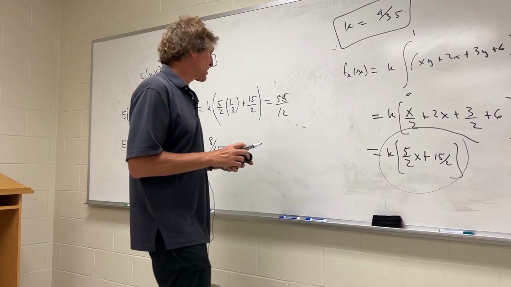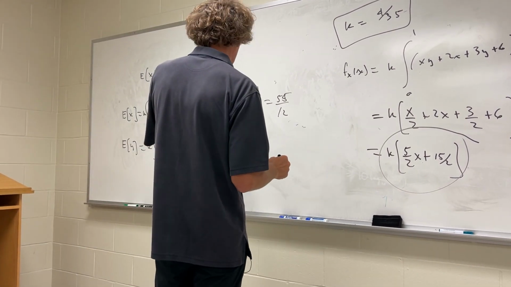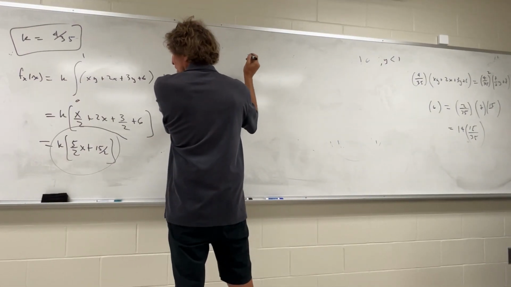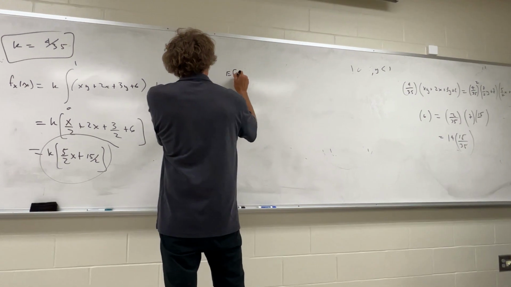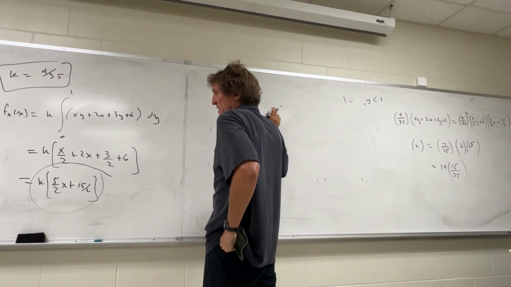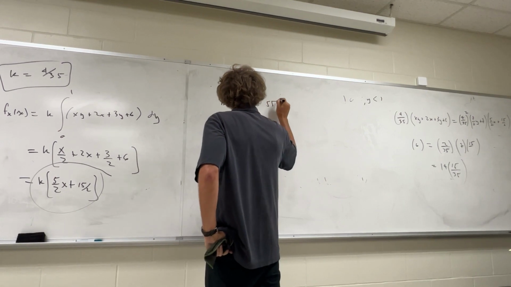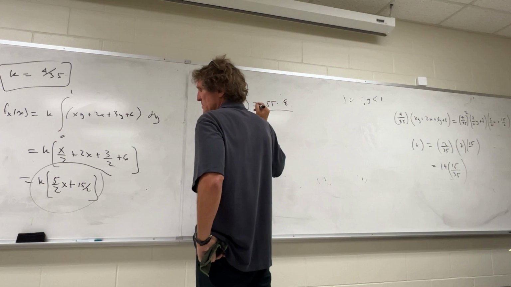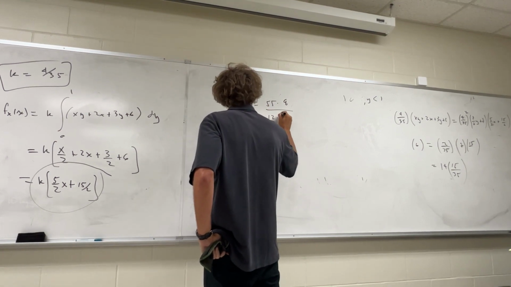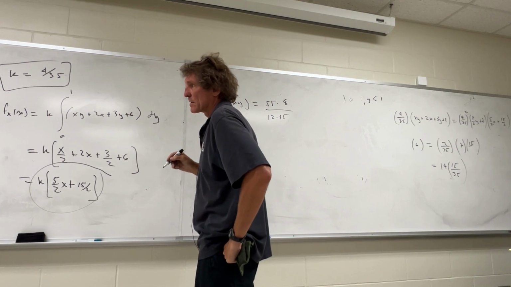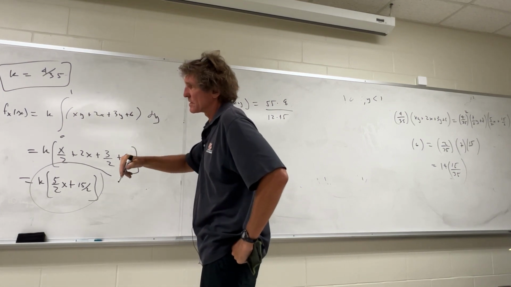If you multiply this times that, what do you get? The expected value of xy, if they are statistically independent, is going to be 55 times 8 over 12 times 15, times k. It's k squared though, isn't it?